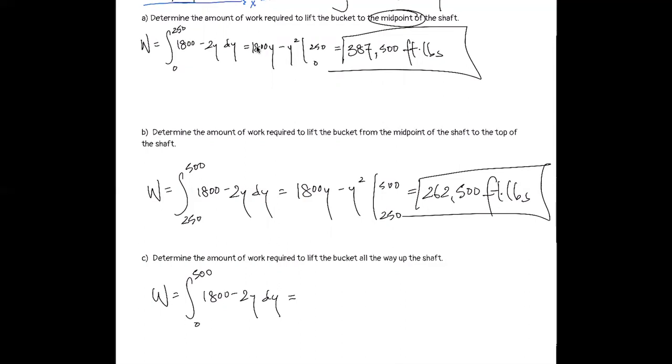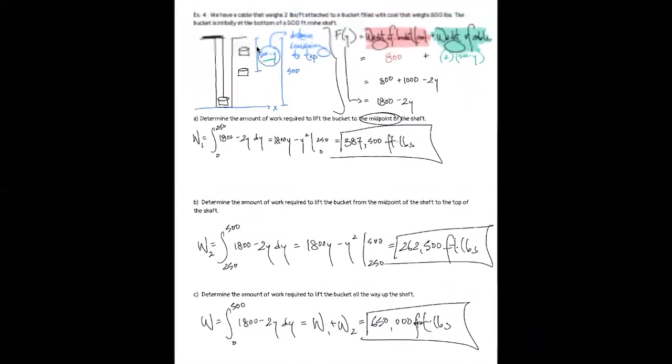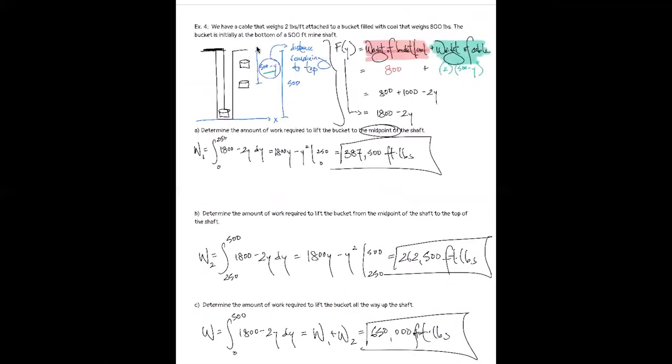Because if we call this W sub 1 and W sub 2, if we add them together, it should give us the total work that we have. And so we have this much work over 500,000 foot-pounds to lift this bucket from the bottom all the way to the top, okay?